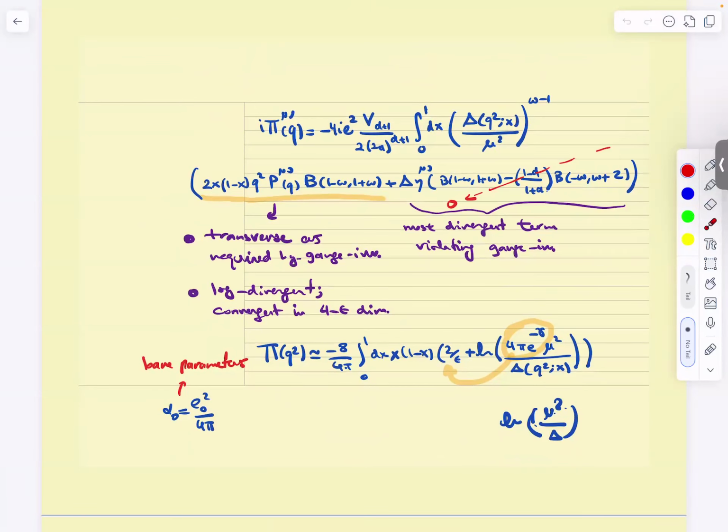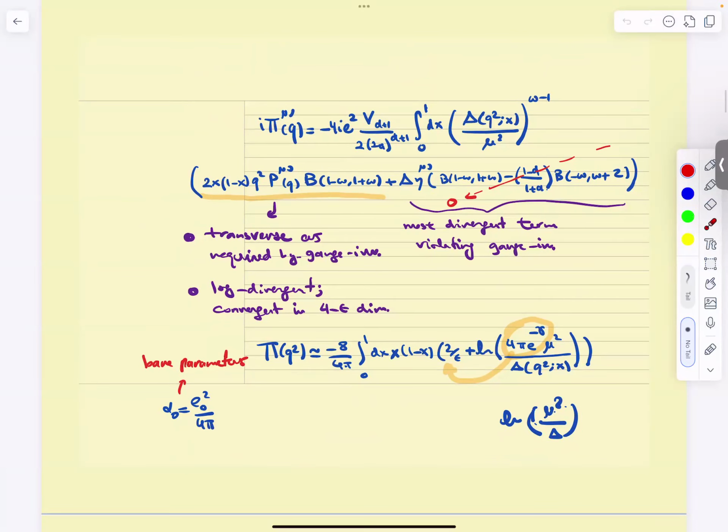All right. So the only term that survives is really this P mu nu term, and now you can take the P mu nu out. Sorry, there are two. Then you end up with this pi of q squared, which is the result that remains.